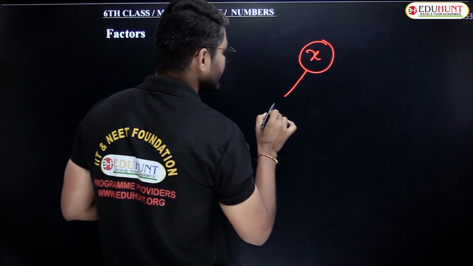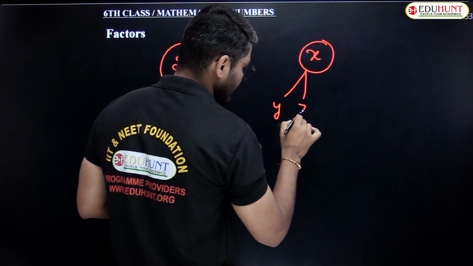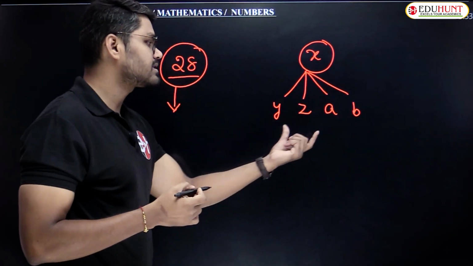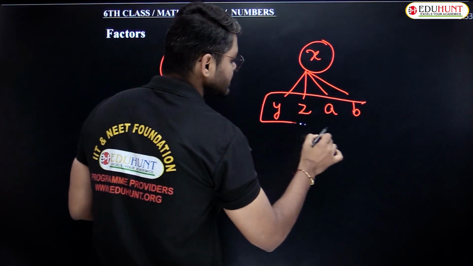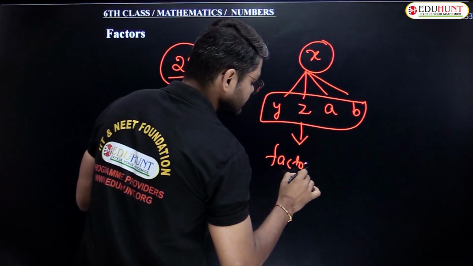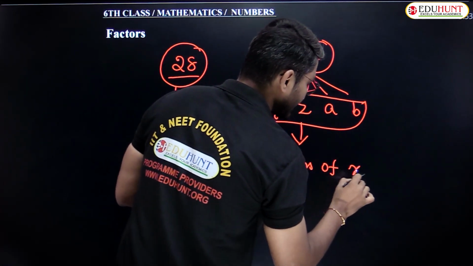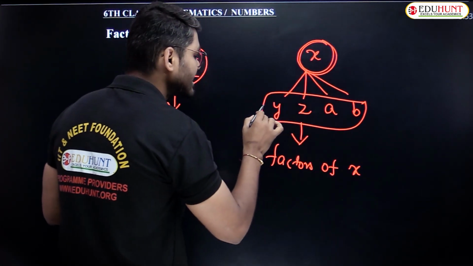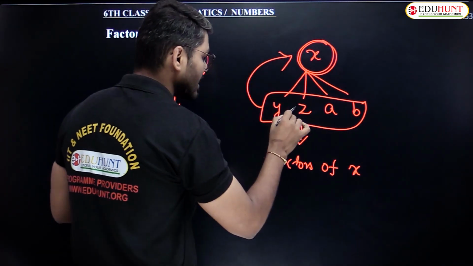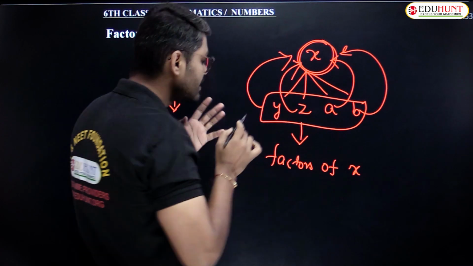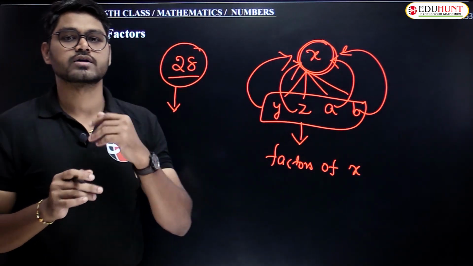This is divisible by y, z, a, b. These are called factors of x. Now, this x is called multiple of y, multiple of z, multiple of a, and multiple of b. This is the concept here.